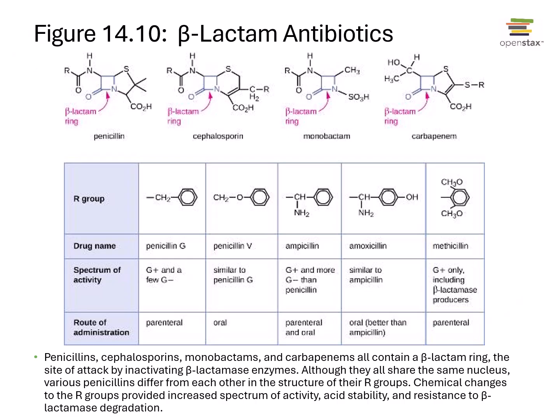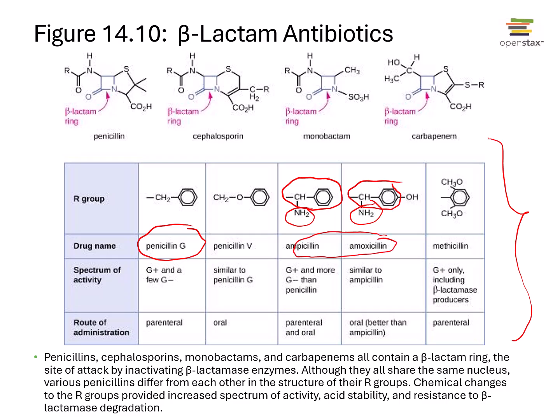This figure shows our beta-lactam antibiotics, and if I compare our natural versus semi-synthetic penicillins, we can see that by adding an amino group to penicillin G, for instance, here's my amino group, and my core structure that I did see in penicillin G, we can increase the spectrum of these drugs against more gram-negative pathogens in addition to those gram-positive.